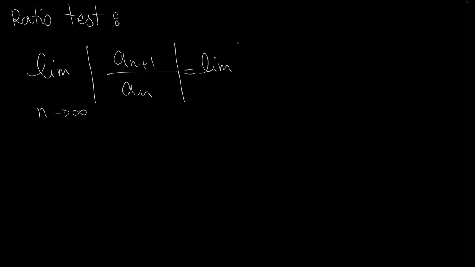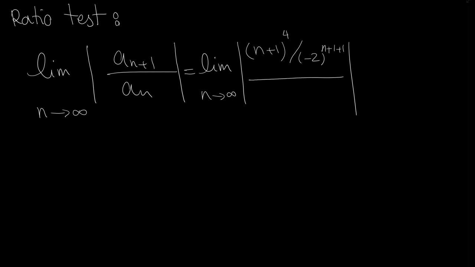So we take the limit of a_(n+1), which is (n+1)^4 in the numerator, and the denominator is (-2)^(n+1). We add 1 to it, so it's n+1+1. And a_n is n^4 divided by (-2)^(n+1).